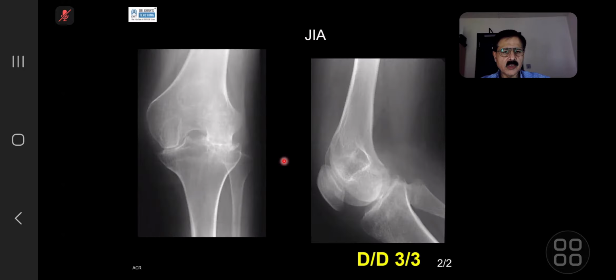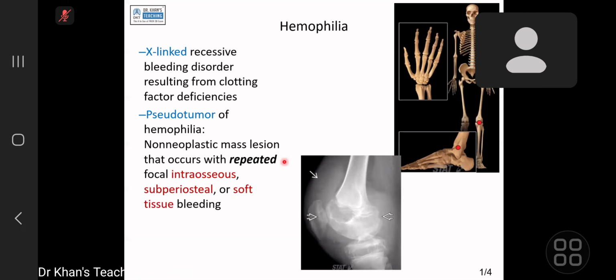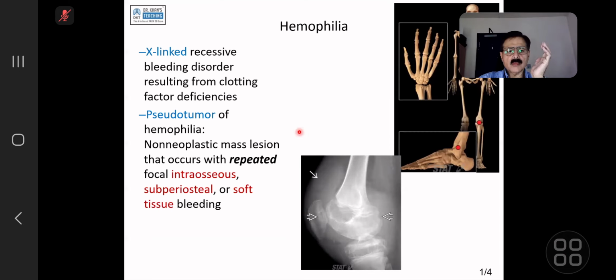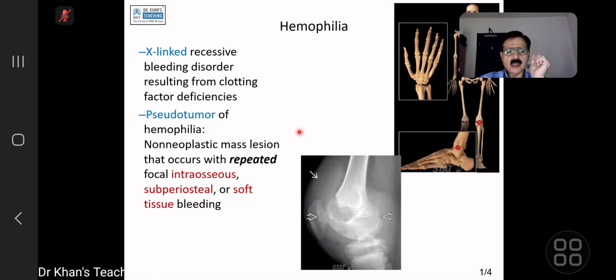Let me take over. Now, in hemophilia, the key thing which you have to remember is to think like this: the radiological features which we get in the exam are because of bleeding.